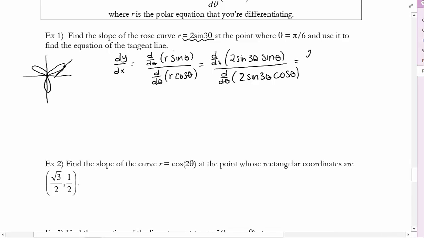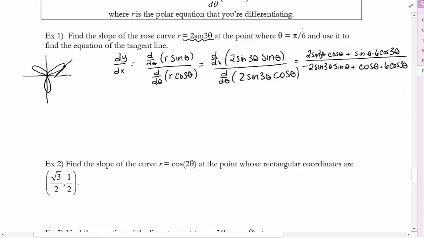I've got the first, 2 sin 3θ, times the derivative of the second, plus the second times the derivative of the first, which would be 6 cos 3θ. And then on the bottom I'm going to have the first times the derivative of the second plus the second times the derivative of the first.